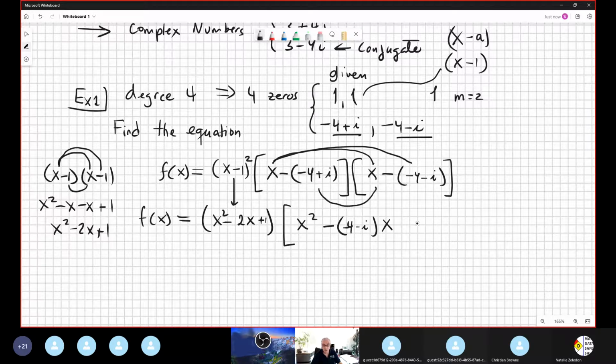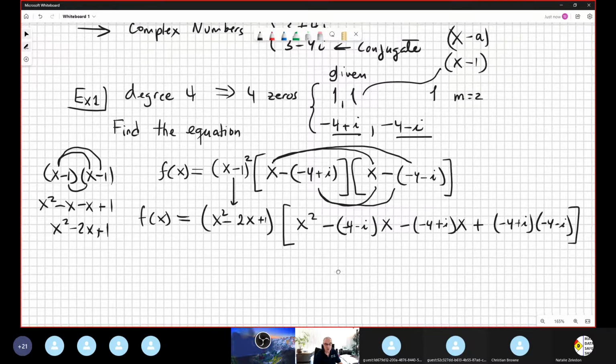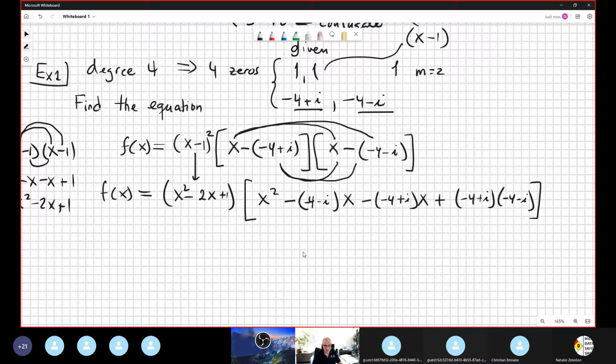Multiplication inner is minus, parenthesis, negative 4 plus i, times x. And finally, negative and negative is plus, negative 4 plus i and negative 4 minus i. Okay? Let's do it. It's no big deal. It looks horrible, but no.